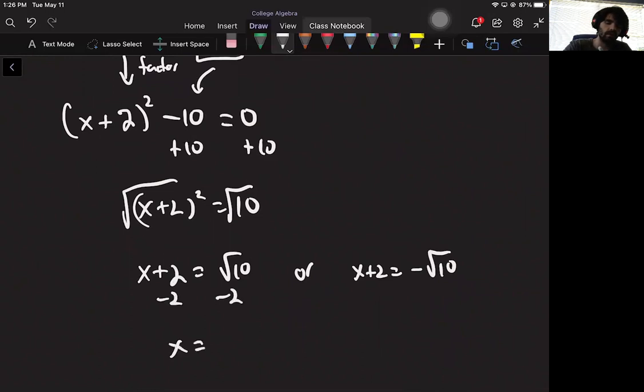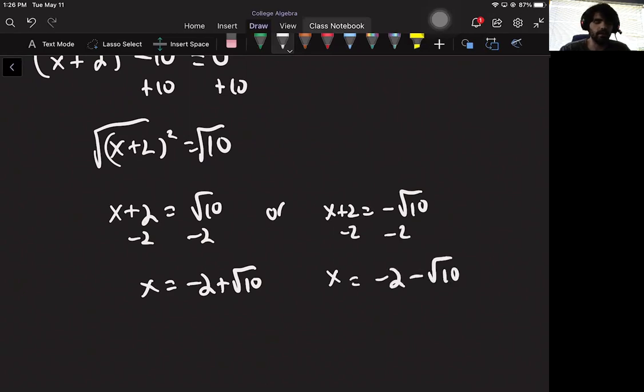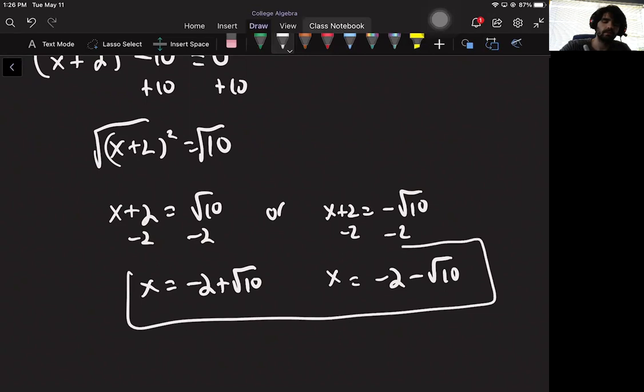So x equals -2. We typically like to put the number without the square root first. It just looks nicer. And you don't combine them really, anything like that. You just leave it like this. Okay, so here we also subtract 2. And so these are my 2 answers.